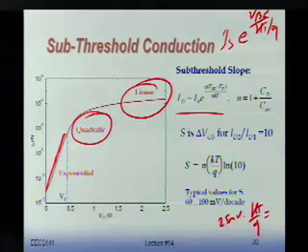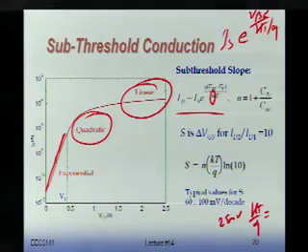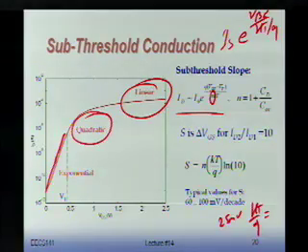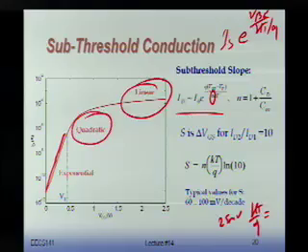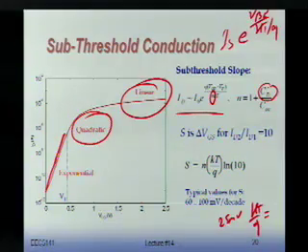Okay? There's one extra factor that comes in here, this factor N. N is actually showing the fact that this is not really a bipolar transistor because there's a capacitive divider in there. So the drive of my bipolar device is not via VBE, it is going to be determined by that capacitive divider, which is CD, the diffusion capacitance, over the oxide capacitance.